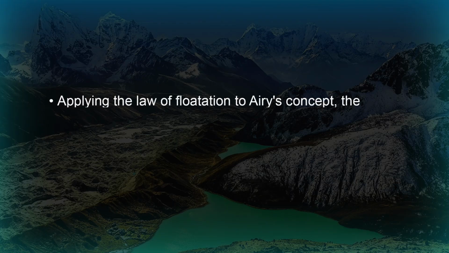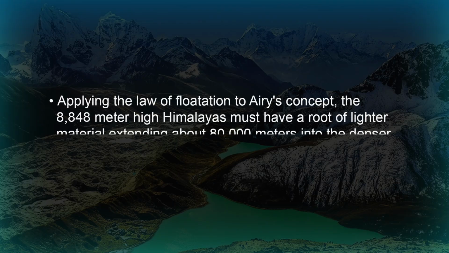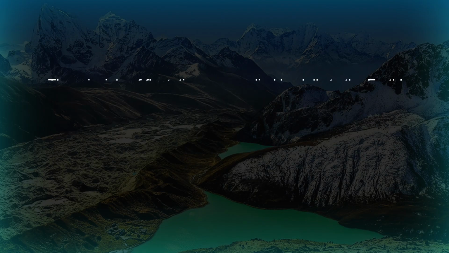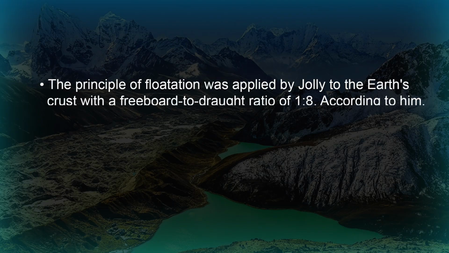Applying the law of flotation to Airy's concept, the 8,848 meters high Himalayas must have a root of lighter material extending about 80,000 meters into the denser substratum, maintaining isostatic balance. The principle of flotation was applied by Jolly to the Earth's crust with a freeboard to draught ratio of 1:8.